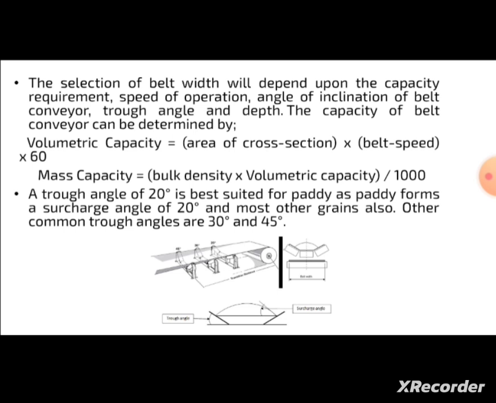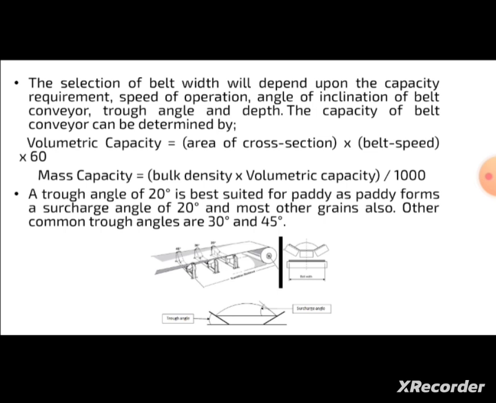For transporting grains from one place to another, there is a term called trough angle in the belt conveyor. For paddy, the trough angle will be 20 degrees and the surcharge angle will be 20 degrees, and for many other grains also 20 degrees will be suited.